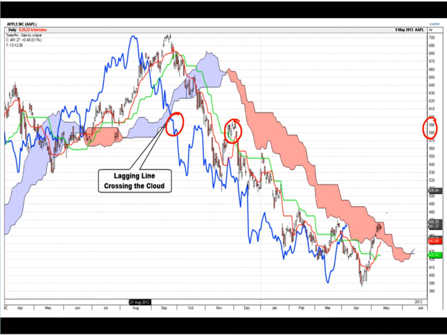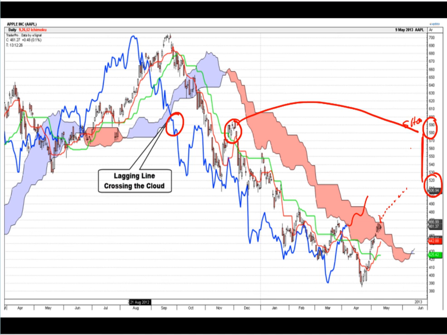And then you'd have to wait for the blue lagging line to cross back above the cloud, which means you'd probably have 15 or 16 bars above here, so you'd cover your short around 520 or 500 even. That's not a bad trade, but boy, it leaves a lot of meat on the bone.